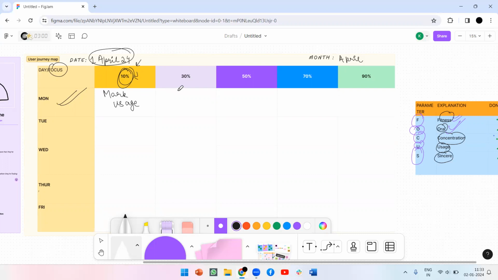And on the same day, during some other period, like the fourth period, there was a very brilliant child, whose name we can take as anything, and that particular student has 70% fitness.